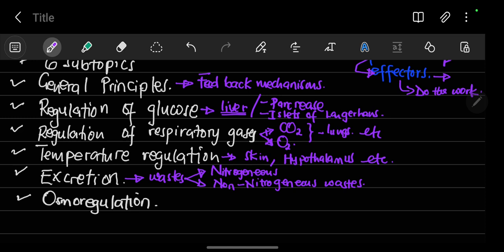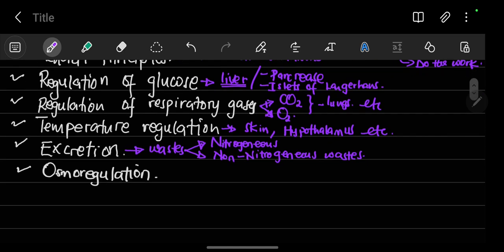So when you move on to osmoregulation, as you see, that word osmotic pressure, osmoregulation, osmolarity, it deals with water.